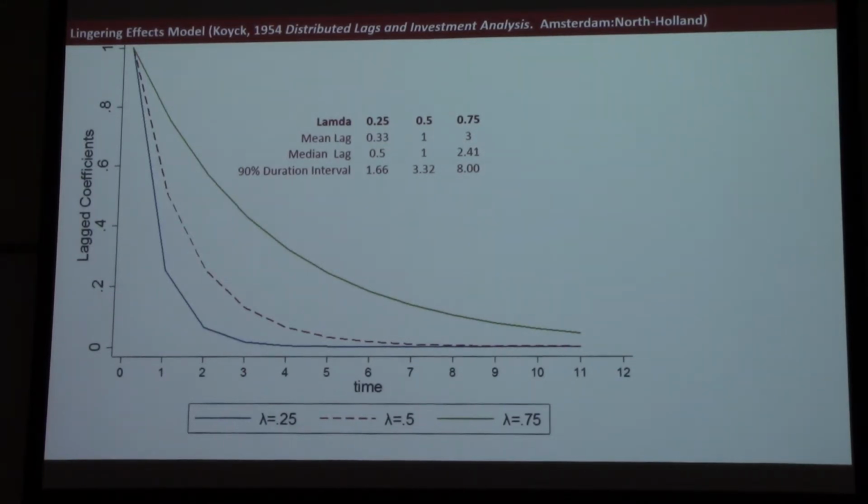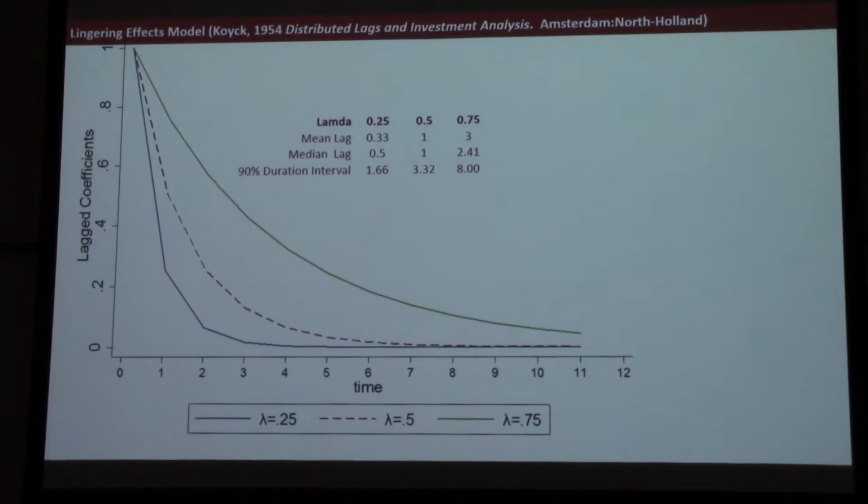With a lambda of 0.5, the 90% duration interval is going to be 3.32 months, or periods, or whatever it is. So advertising is going to last 3.32 periods. If you've got a lambda of 0.75, then your 90% duration interval is going to be 8 periods.